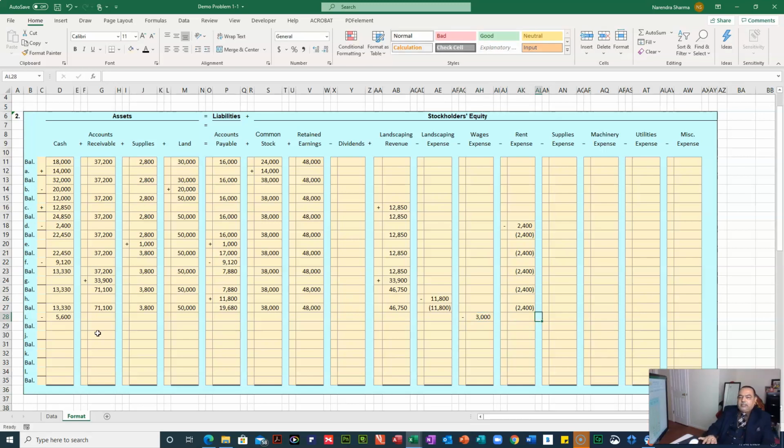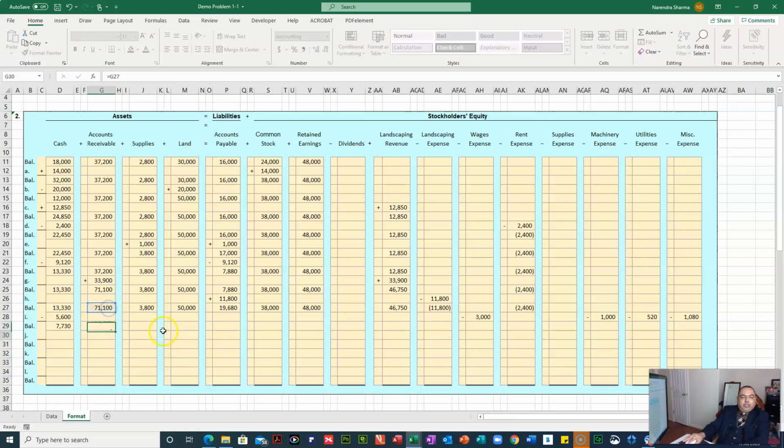Next is your machinery expense, that was minus 1,000. Then utilities was minus 520, and miscellaneous was 1,080. So your cash balance will decrease with that amount. The new balance is 7,730.